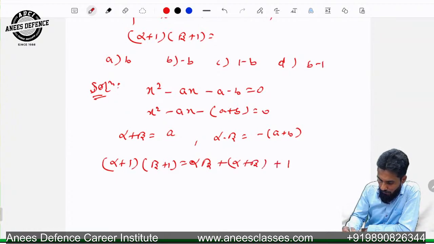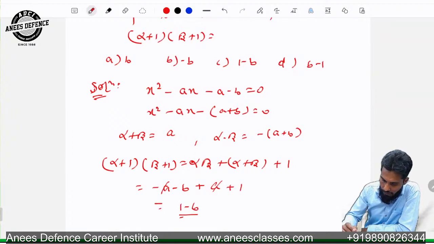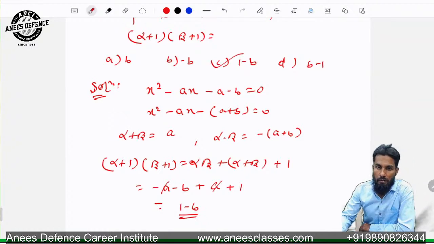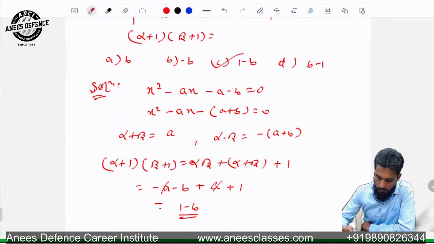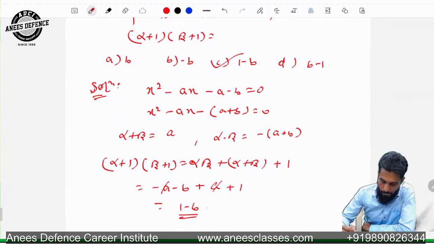We have the value of alpha into beta, we put it here, minus a minus b, and alpha plus beta we also have as a, and 1. So minus a plus a gets cancelled out, and we get 1 minus b as our answer. We can tick option C here. C is the correct option. Fine. So our answer is 1 minus b, option C. Hope you have understood this part also.